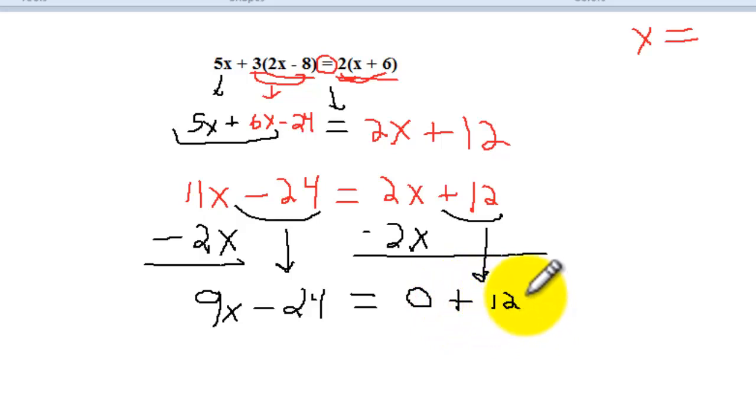All right. Now we have a number here, we have an x here, and we have a number. So let's move this now, 24, take the entire minus 24. We want to move it to the other side of the equal sign. To do that, you do the opposite. It's subtracted here, so you add.